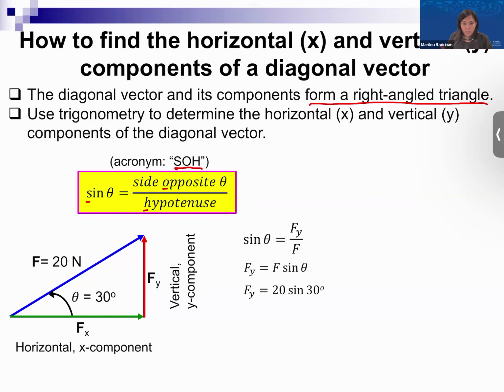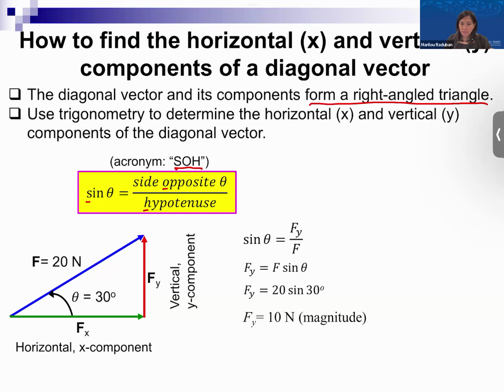Just to put numbers, okay, if the diagonal vector is 20 newtons and the angle is 30 degrees, then the y component is calculated by multiplying the diagonal vector, which is also the resultant of the x and y components, with sine 30 degrees, and that gives you 10 newtons for the magnitude of the y component.